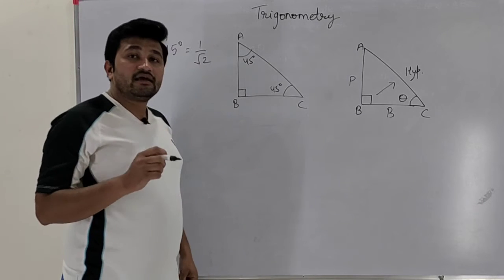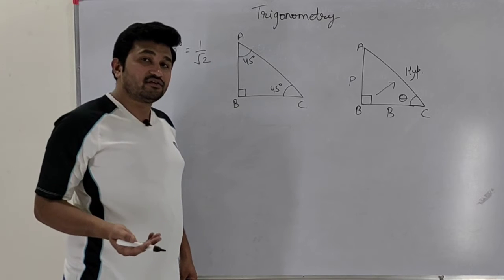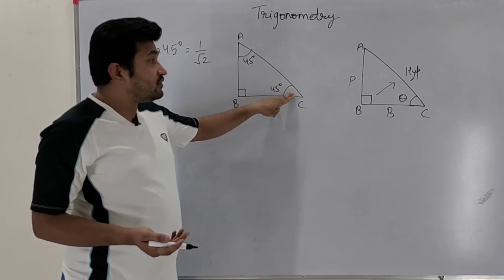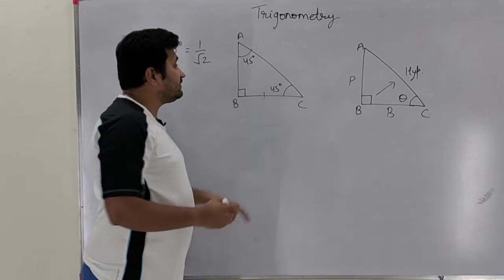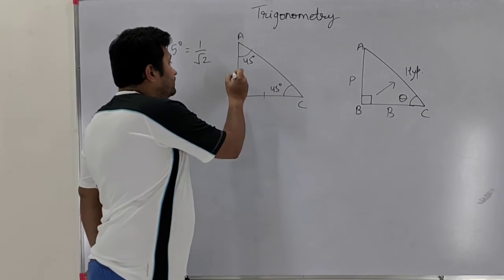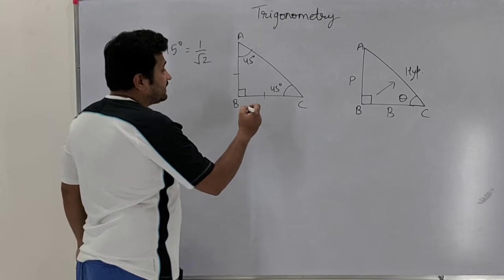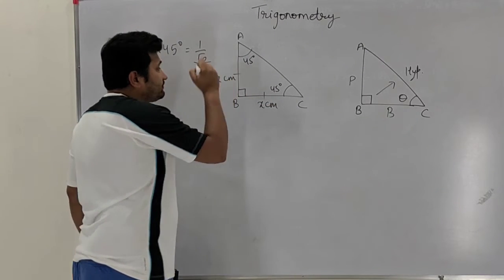Now we know that in a triangle whenever two angles are equal, their opposite sides are also equal. Here these two angles are equal. So the side opposite to this angle is this one, and the side opposite to this angle is this one. So these two sides are also equal.